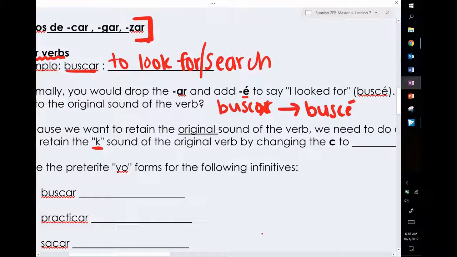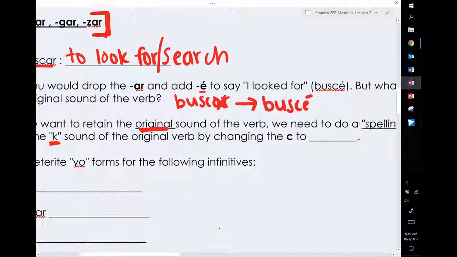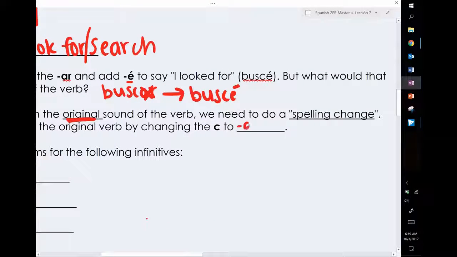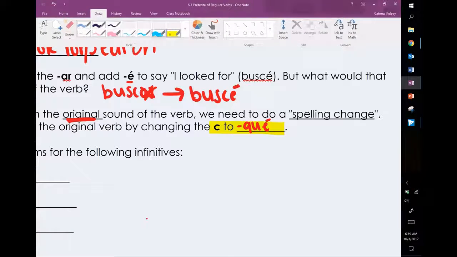Anyways, we want to keep the original k sound of our verb, that hard K sound. So to keep buscar sounding like buscar, to keep the k sound, we're going to change the C to Q, U, É with an accent.